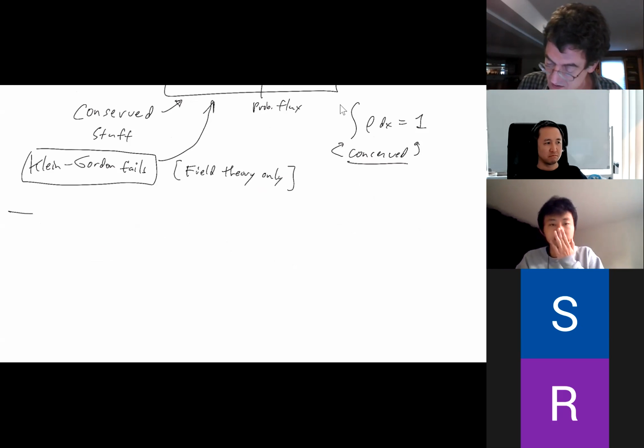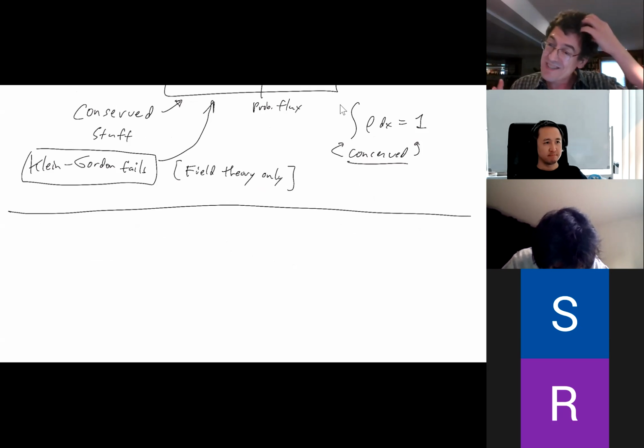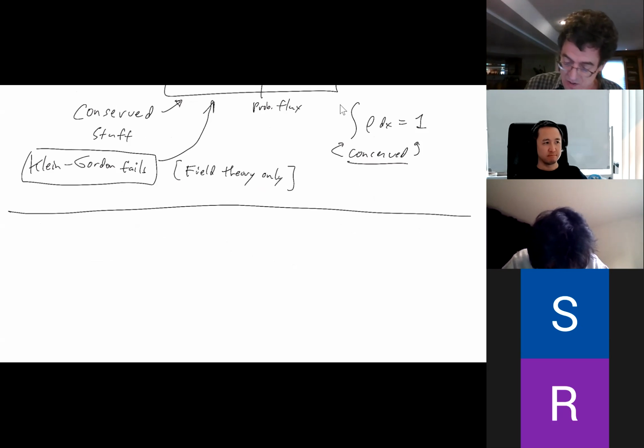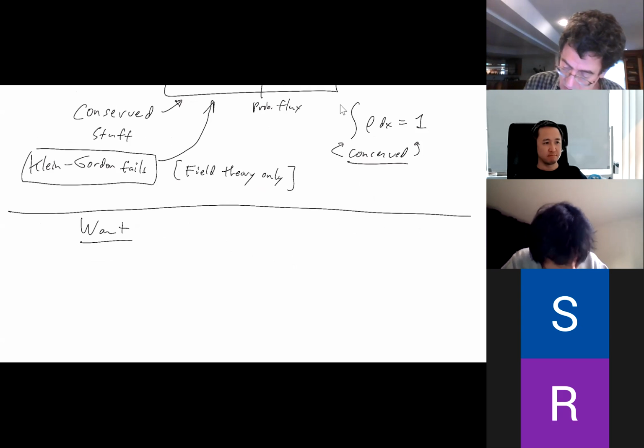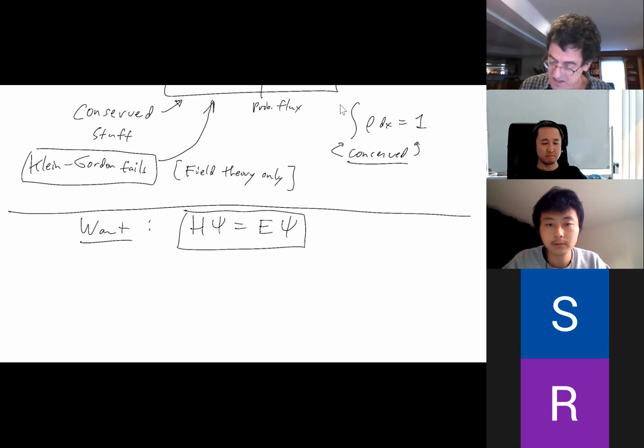So we're stuck. What is our Schrodinger equation going to be? Look, this is what we want: H psi equals E psi. We really like this, where we can turn the E into i h bar d/dt.